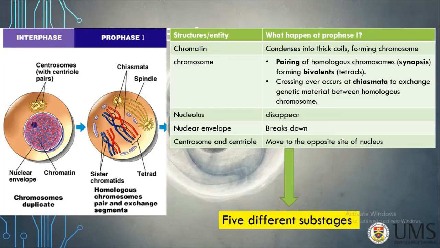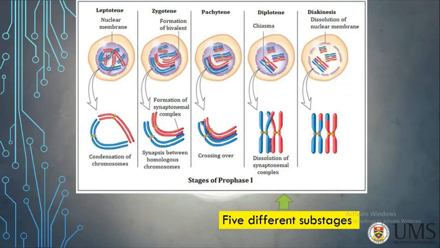Prophase 1 can be further divided into 5 different substages, where the first stage is leptotene, where the chromosome starts to condense. And then we move to zygotene, in which the synapsis between the homologous chromosomes occurs, and moving on to pachytene, where the crossing over will occur at chiasmata, and then diplotene, where the synapsed chromosomes start to separate due to the dissolution of the synaptonemal complex.